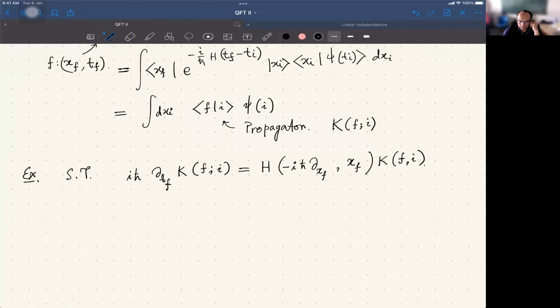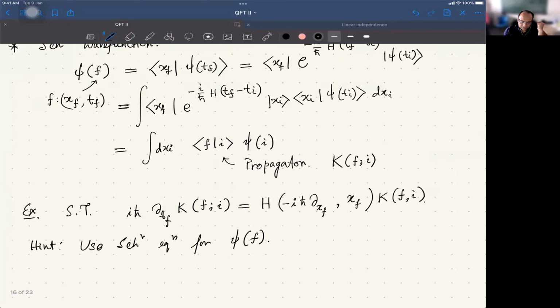Right? The hint is to use the Schrodinger equation for psi f. This is your psi f, which is given in terms of psi i in this fashion.